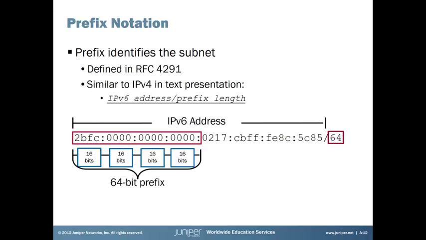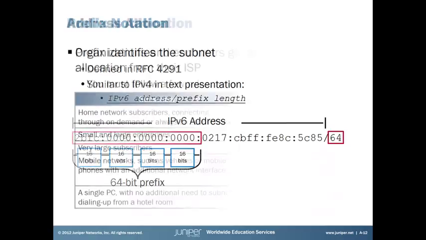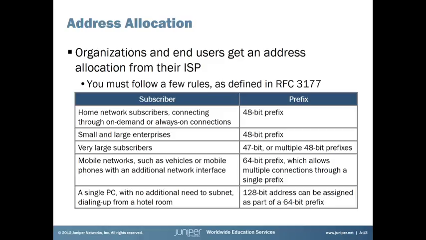So basically, our host address is always a 64-bit address, and we've got the other 64 bits to make up our network number, a network address, a network prefix. We have a 64-bit prefix. Okay, so address allocation.